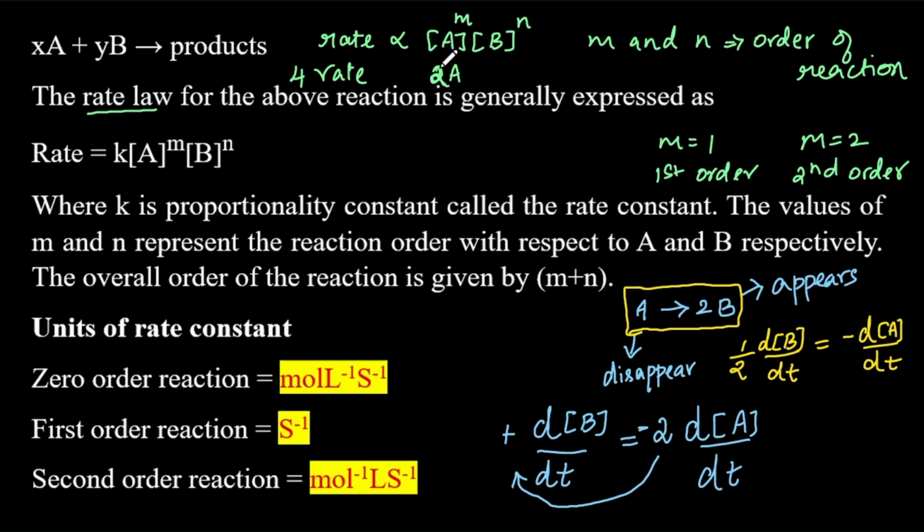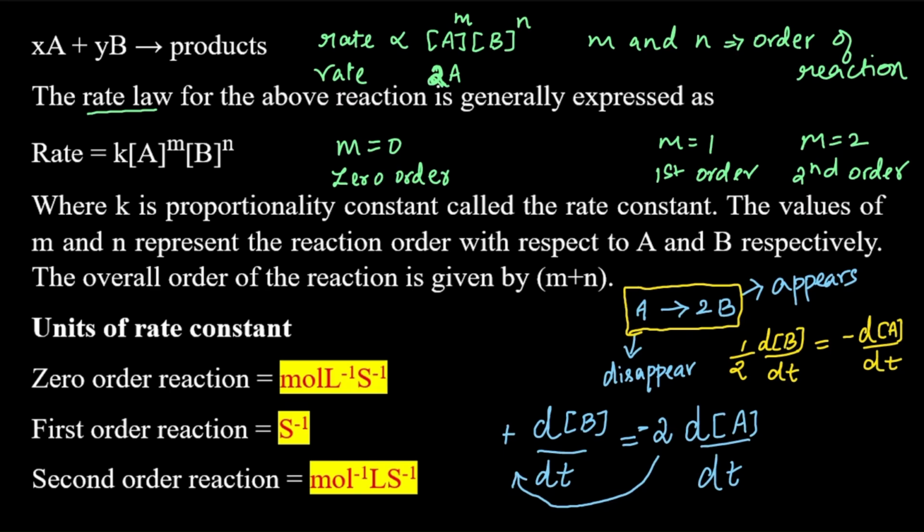If I increase the concentration of A 2 times and there is no change in the rate of the reaction, then the power is 0, zero order reaction. So this power m and n may or may not be equal to the coefficients.